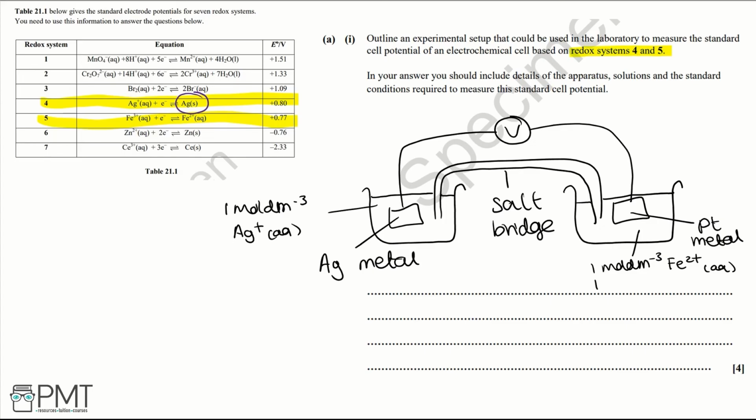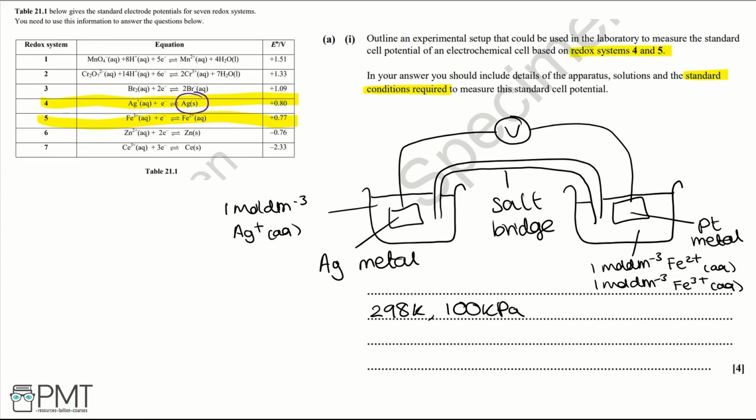But we're also going to have 1 mole per decimeter cubed of iron 3+ ions in aqueous solution. So finally, the last bit of the question is asking us to comment on the standard conditions required. And the standard conditions are going to be 298 Kelvin and 100 kilopascals.